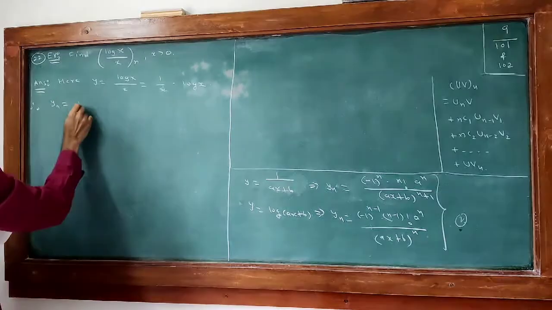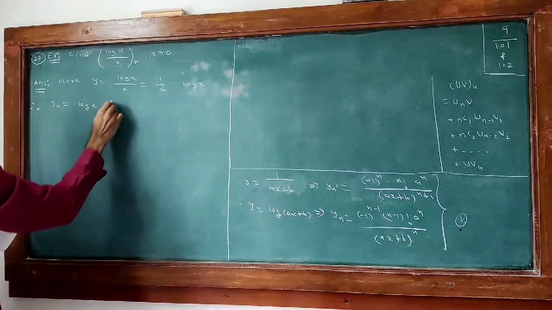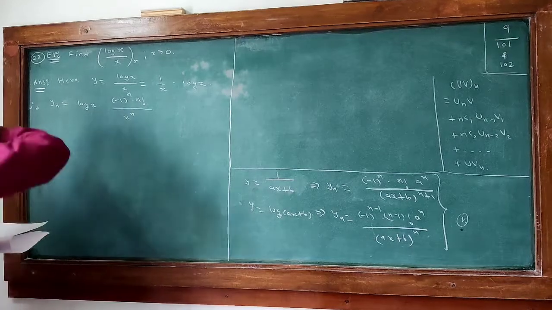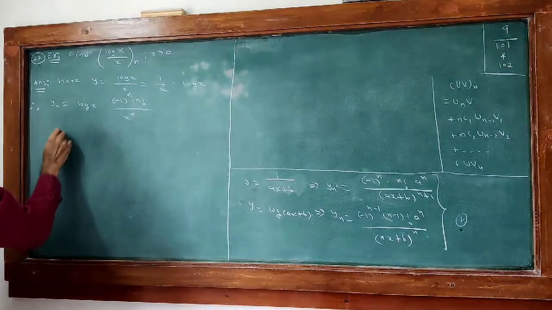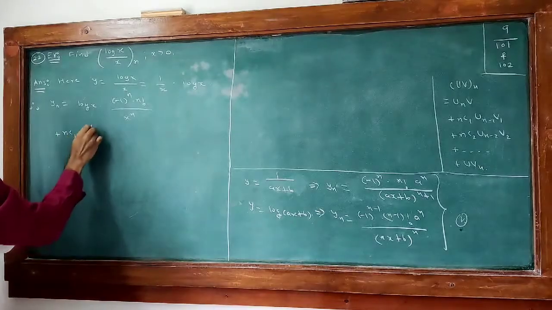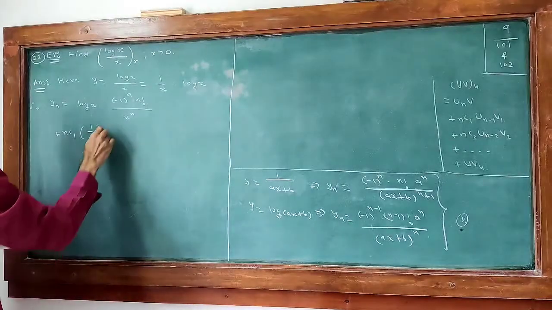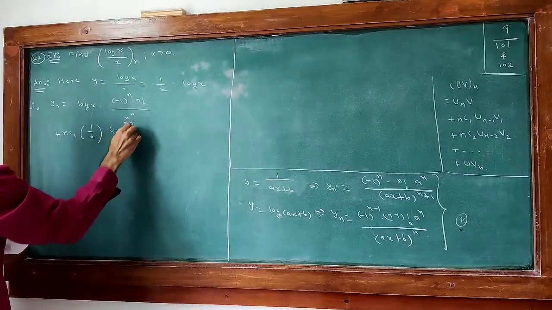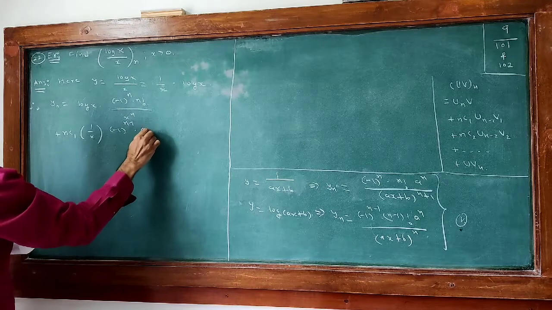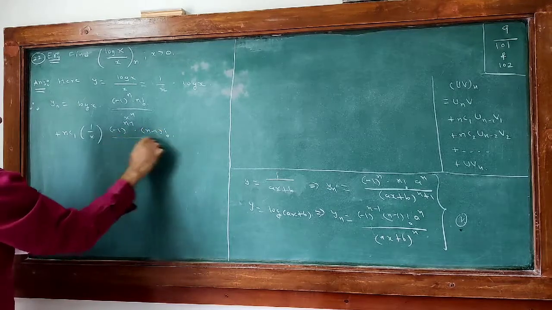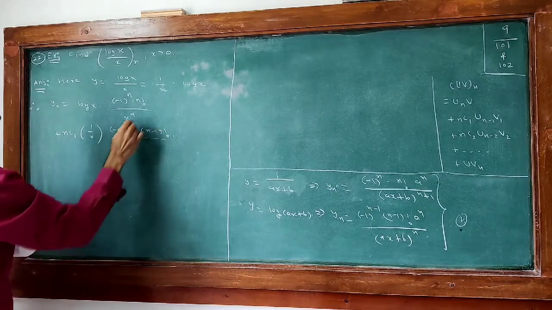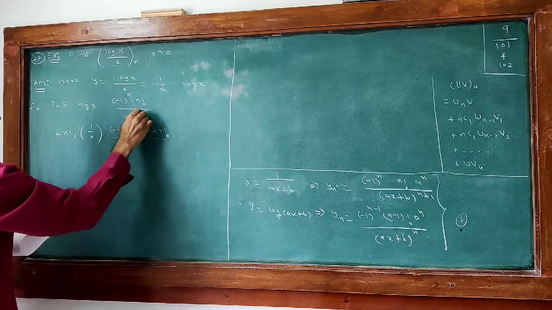yn is equal to log x as it is, into minus 1 raised to n, n factorial upon x raised to n plus 1, plus nC1 times 1 upon x, minus 1 raised to n minus 1, n minus 1 factorial, here it is x raised to n.